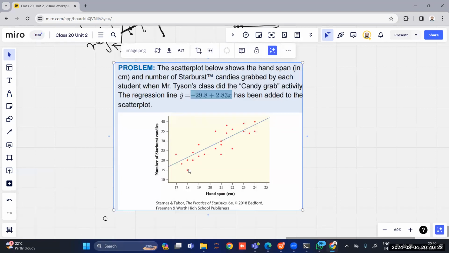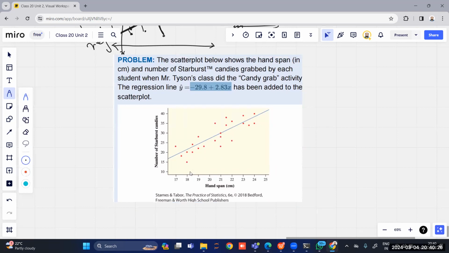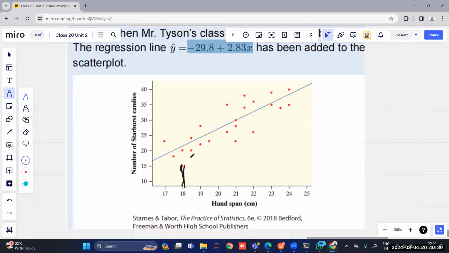For example, see here for this point, for suppose 18. For a hand span of 18, it was 15 candies. But due to the line, it went onto the line.